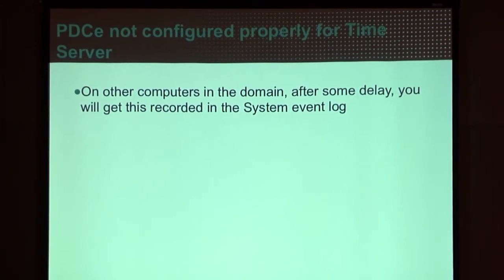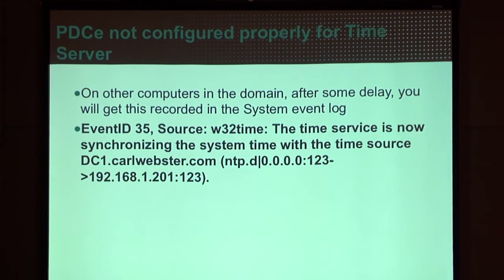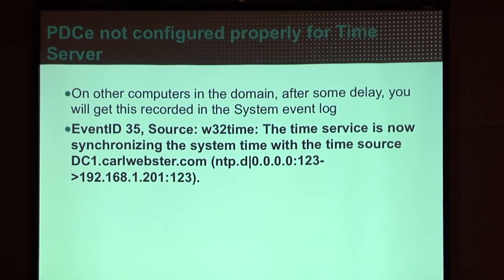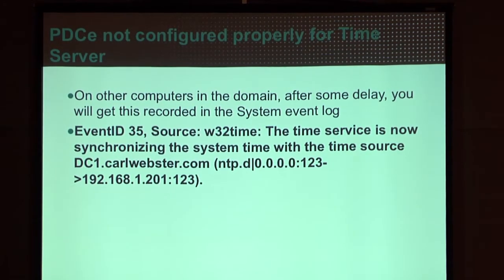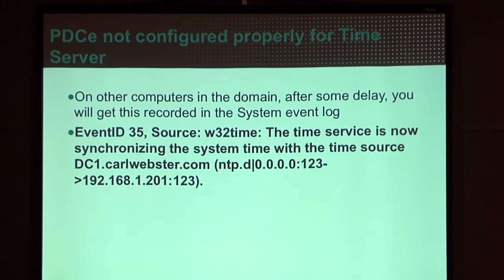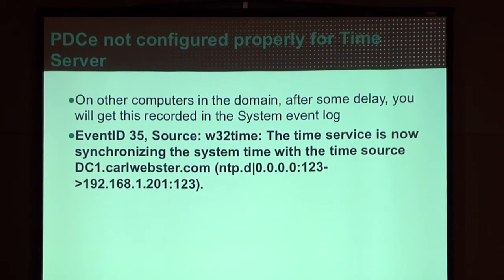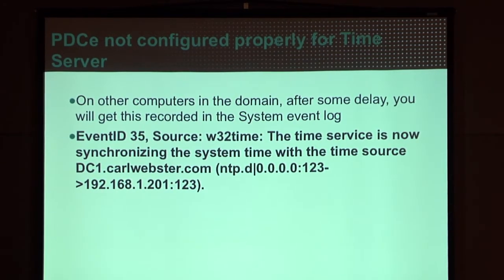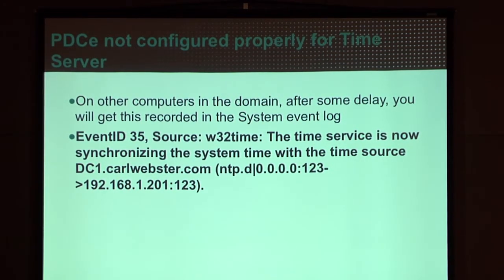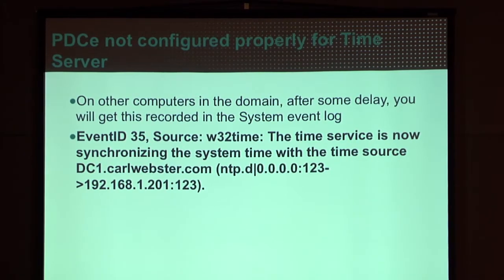It's linked to in the PDF. Once you've done that, then your other domain controllers will now say that they are now synchronizing the time source with your PDC emulator. And there's an entire hierarchy as to what all gets done and stuff. So, well, for me, it's pretty interesting.